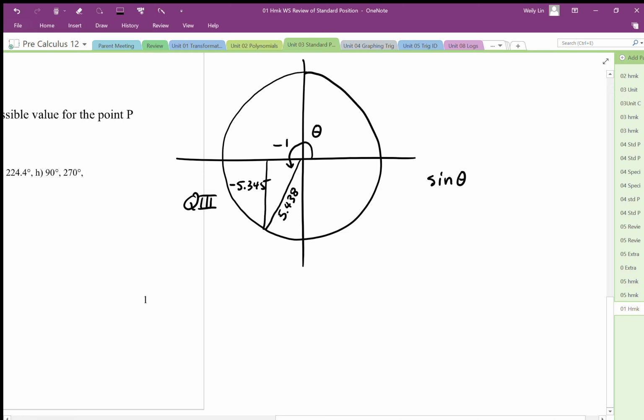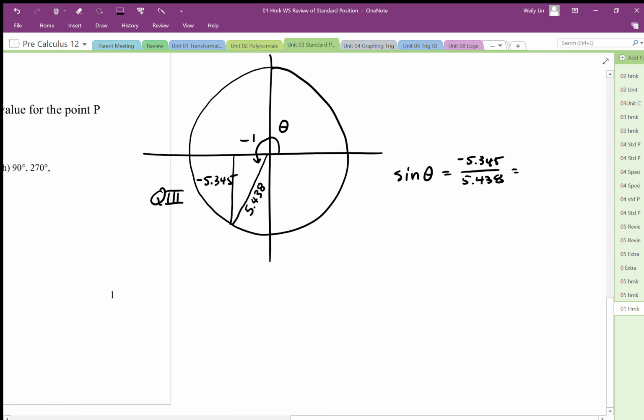My sine theta is going to be my vertical, so negative 5.345 divided by 5.438, and that ratio works out to be about 0.9829, so I'm going to round that to 0.983.